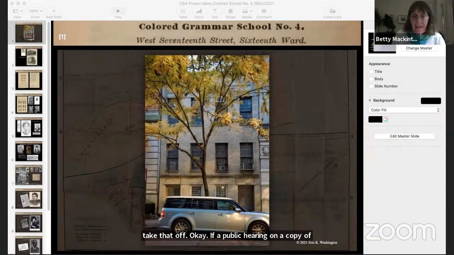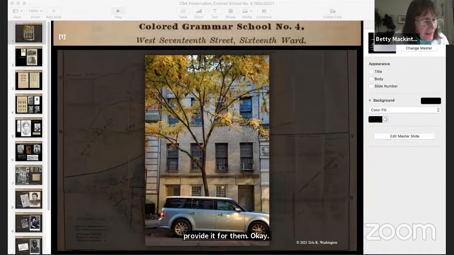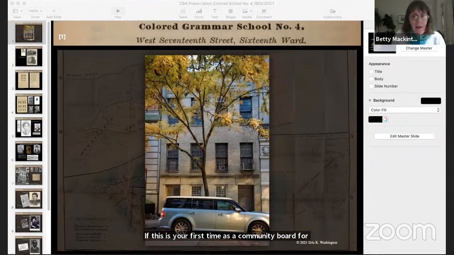Okay. Thank you. If this is your first time at a Community Board 4 meeting, there are 3 things to know about the process. After each presentation, first, the committee will ask questions to the presenter, and then members of the public, attendees, can ask questions or make a comment. Subsequently, the discussion will go back to the committee.